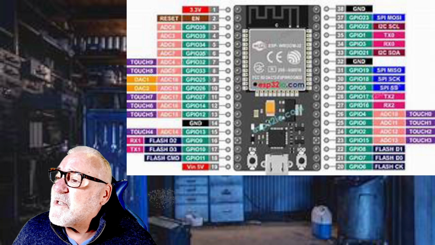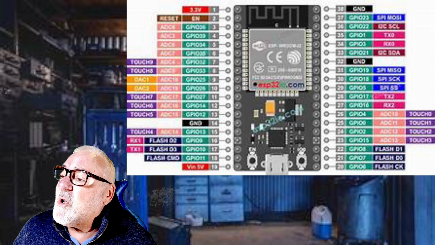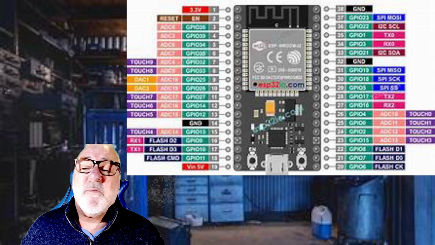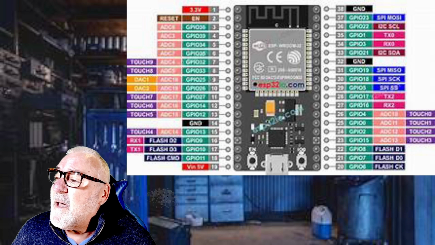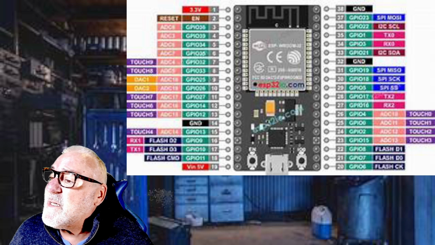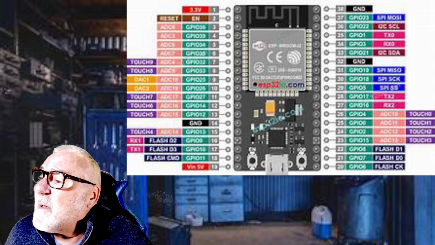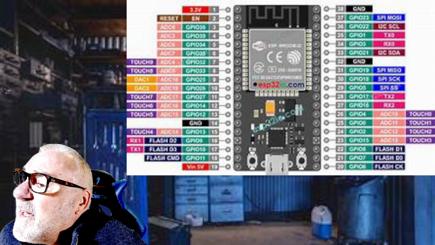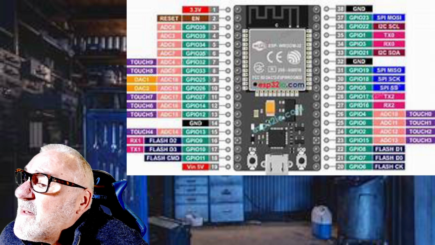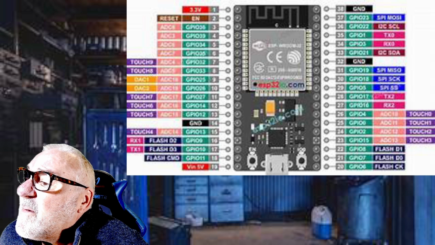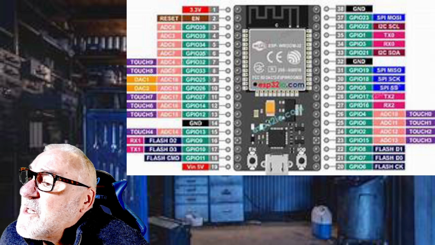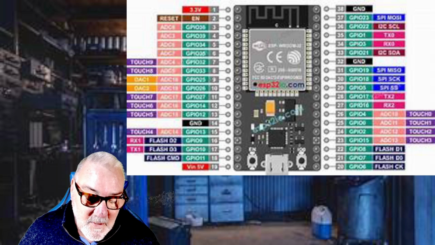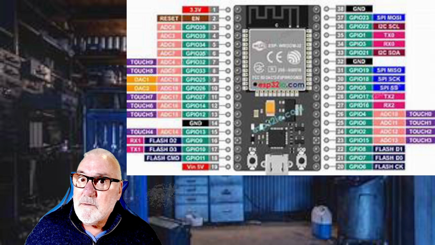For instance, we've got 22, which is I2C, a communication protocol. Yeah, we've got GPIO 22 and GPIO 21.